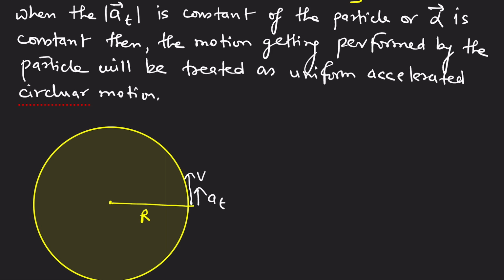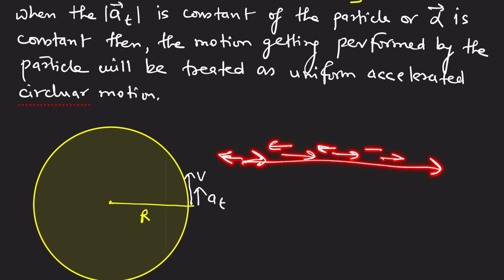It means it looks like the particle is moving on a straight line, something like this only. Velocity and acceleration are either in the same direction or in the opposite direction, but they are always going to be along the path. Are you getting my point or not?